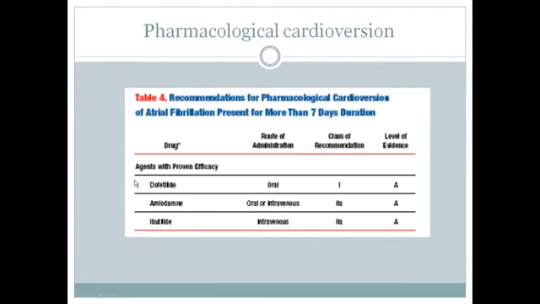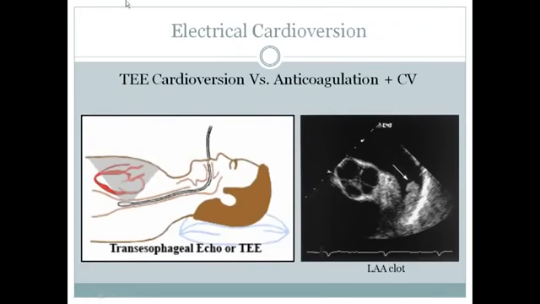Dofetilide is a class 3 antiarrhythmic like amiodarone. It has to be started in the hospital and prolongs the QT, but it's an option. It cannot be prescribed by anybody who has not been trained on the use of this drug. Not even a regular cardiologist or an electrophysiologist can prescribe it if you have not been trained and have a license for it.